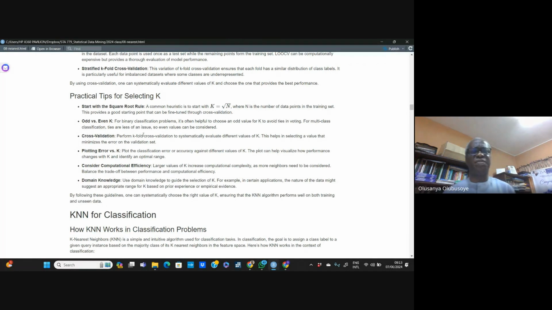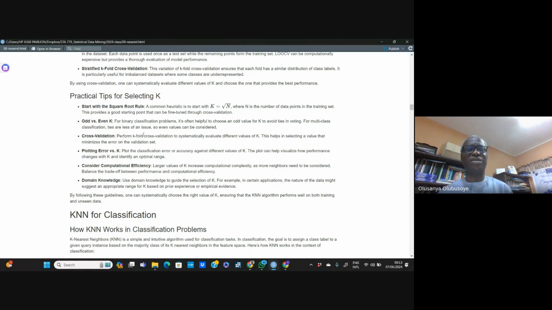Another tip is to always perform your cross-validation. We've talked about different techniques for cross-validation. So you should always evaluate different values of K using cross-validation.